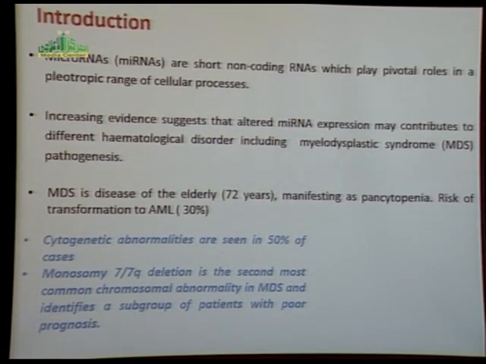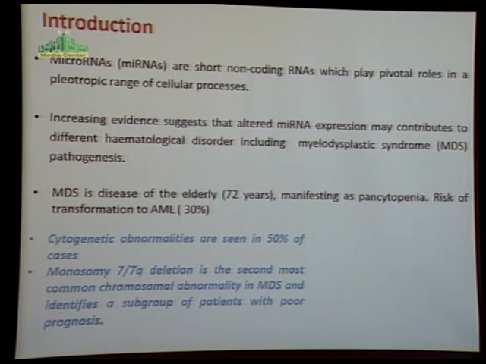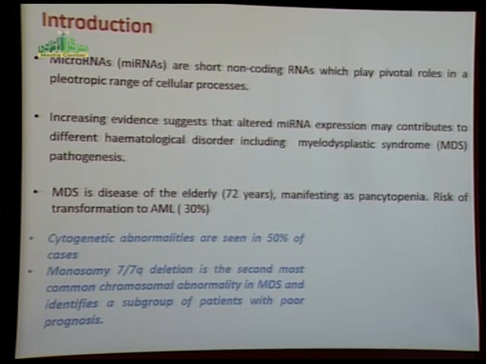Before I start, I would like to give a brief introduction about microRNA. MicroRNAs are short, non-coding RNAs which play an important role in regulating gene expression and several important biological processes. There is increasing evidence suggesting that altered microRNA expression may contribute to different diseases, cancers, and hematological disorders, including a disease called myelodysplastic syndrome.